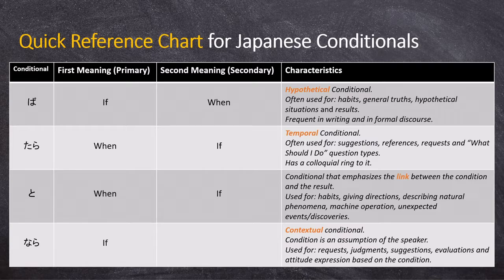So you can see that Nara is frequently used for requests, judgments, suggestions, evaluations, and attitude expression based on the condition. And the condition, once again, is just your assumption. So you're acting here on assumptions, on hunches. So yes, that is the most appropriate way that you can define Nara.